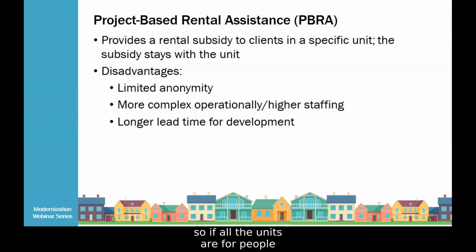If all the units are for people living with HIV and AIDS, then the broader community may identify that building as the HIV housing program, and it just means that the program participants living there may not enjoy the confidentiality that they would if they were in the more scattered site.